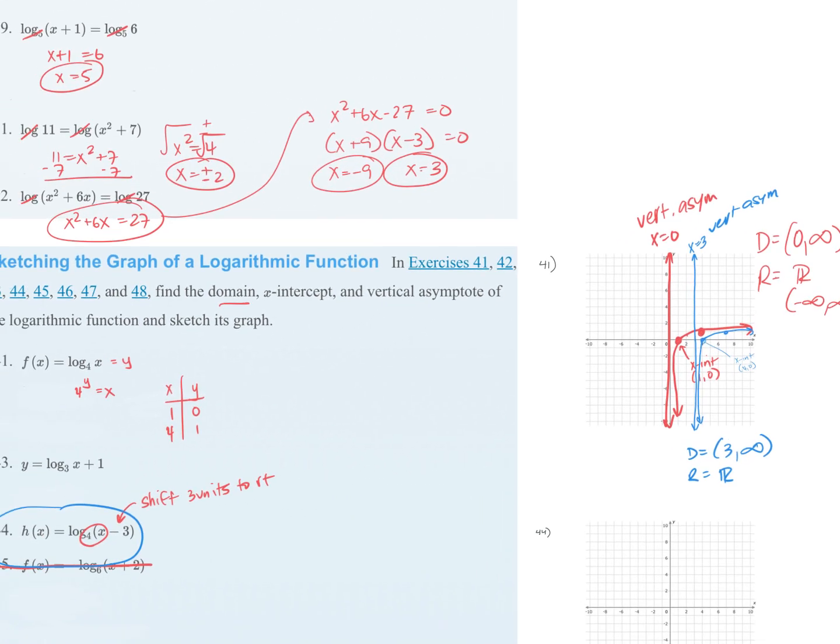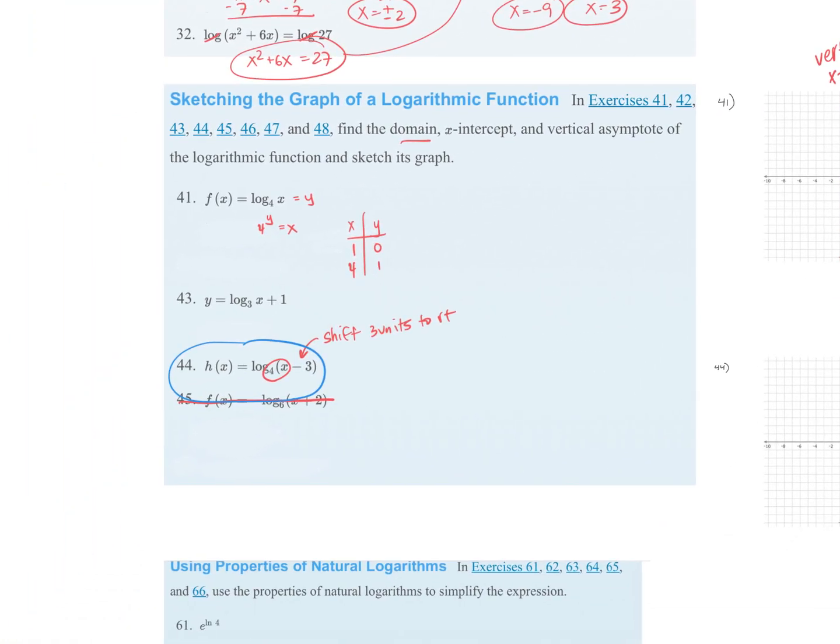So again, if I had this problem and I needed the x-intercept, another way that you could find it is just to plug in. For the x-intercept, I need to make my y equal to 0. So 0 equals log base 4 of x minus 3. Actually, let me just start this with a y and do it the right way.